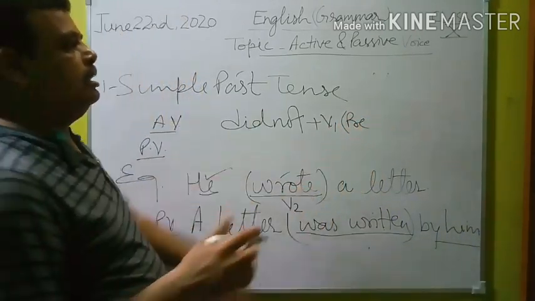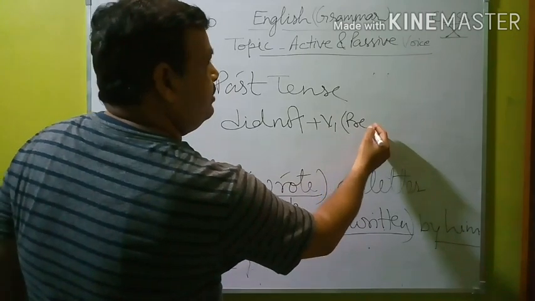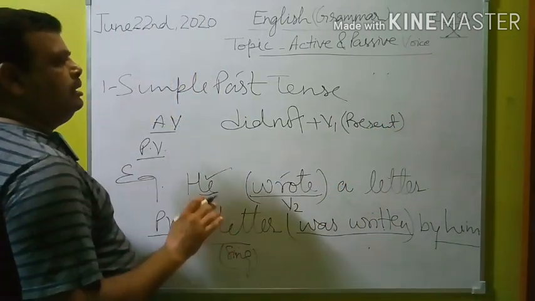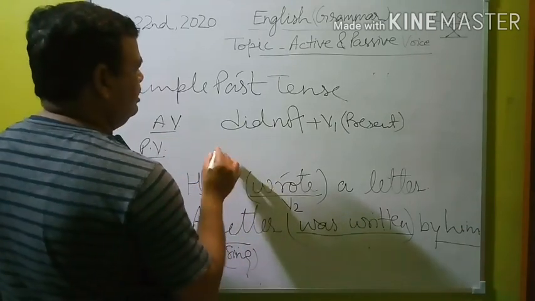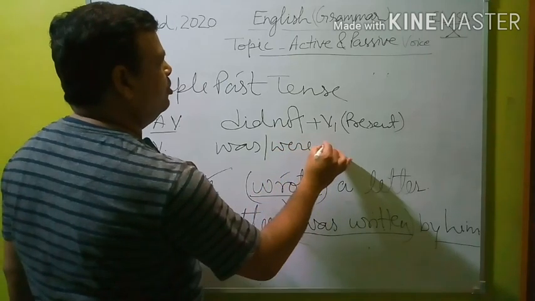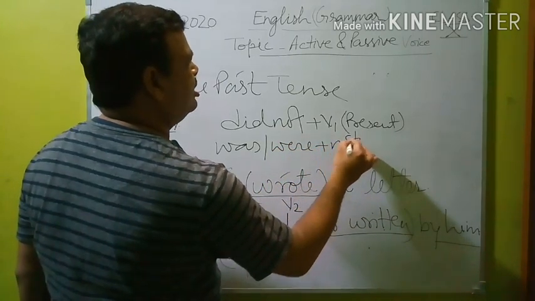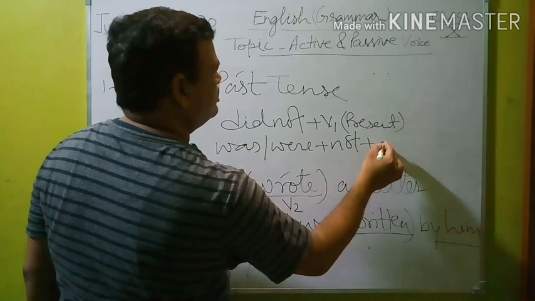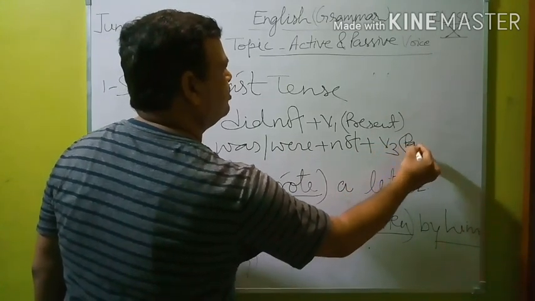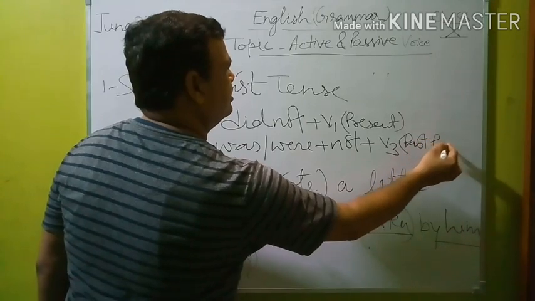And in the passive voice, similarly, we will write was, were, followed by not, and then the past participle form of the verb, that is V3.